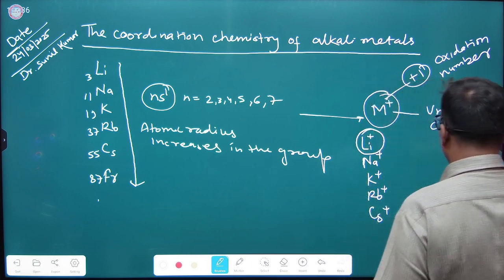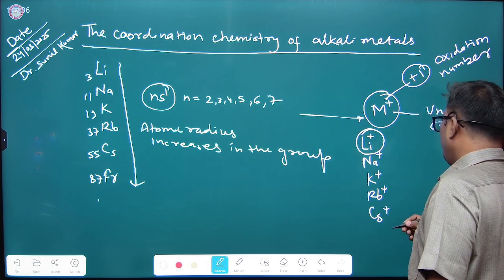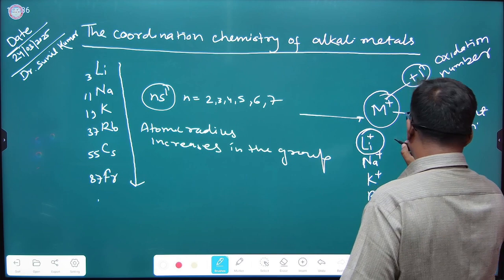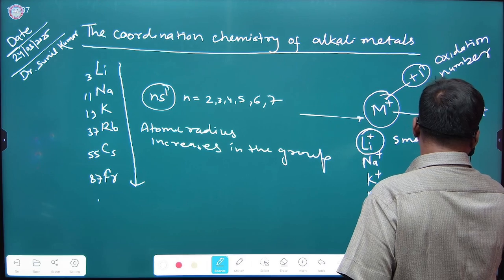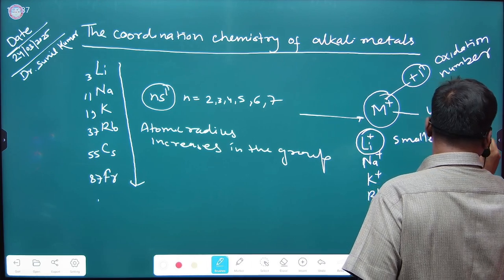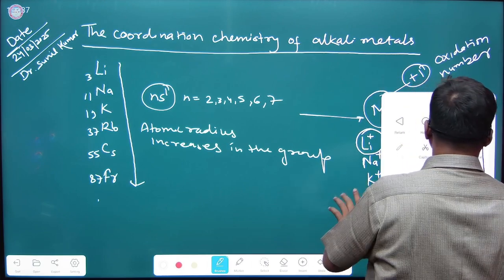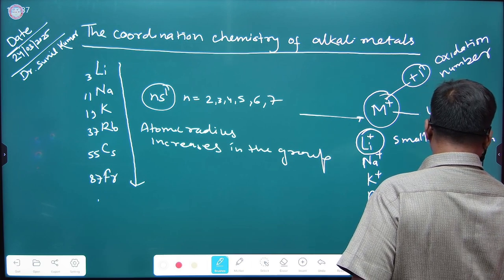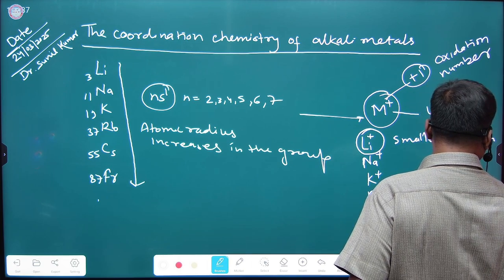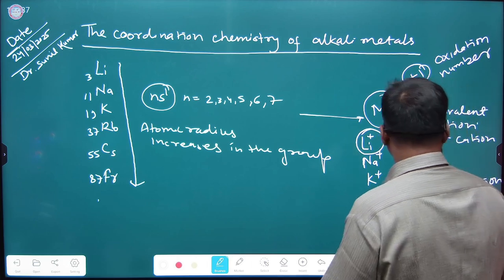The ionic radius of Li+ is very low, so it is the smallest cation, and Cs+ is the largest cation in the group.